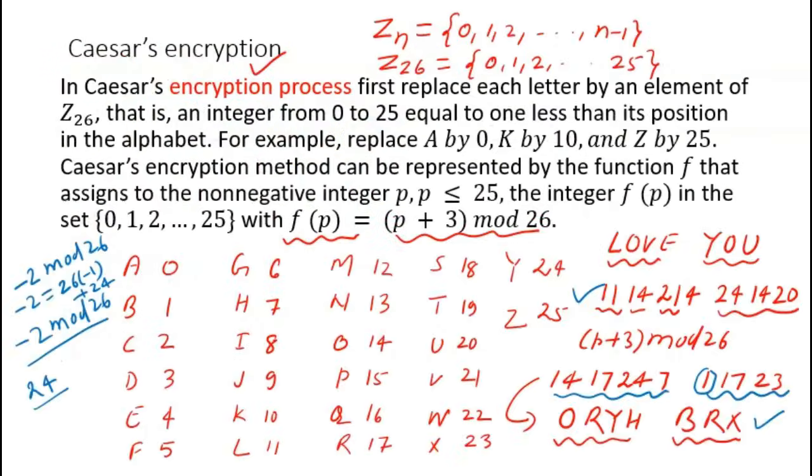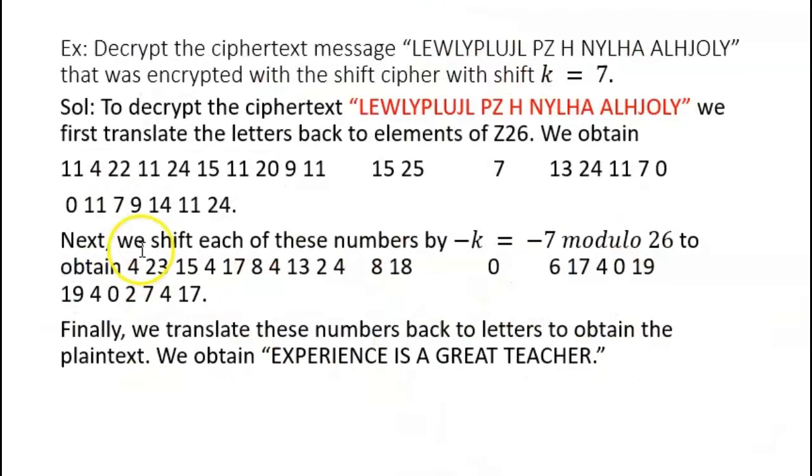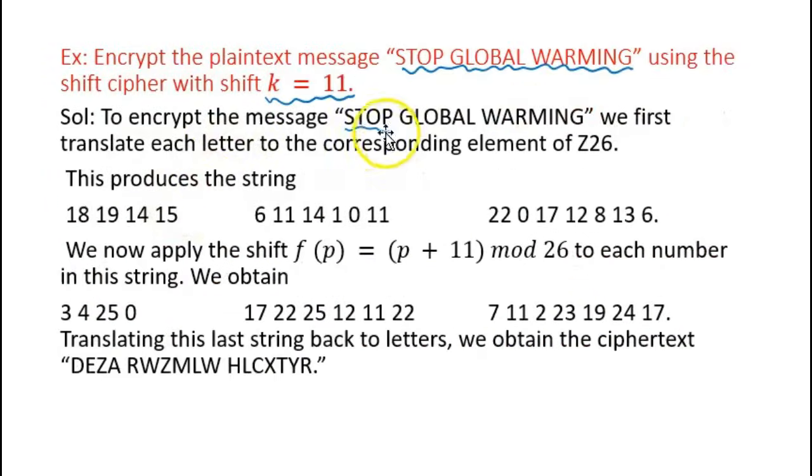Similarly, T stands for 19, and so on. So "stop global warming" will be changed into this string of numbers. All these alphabets are replaced by the corresponding elements of Z26.